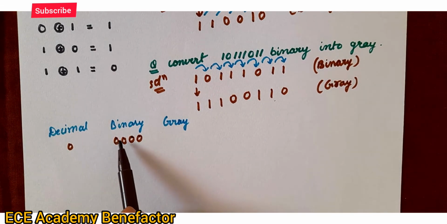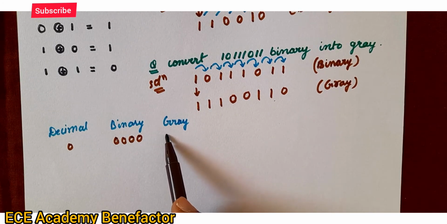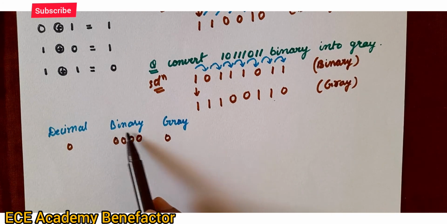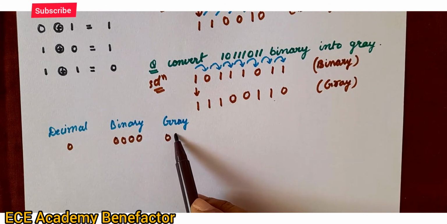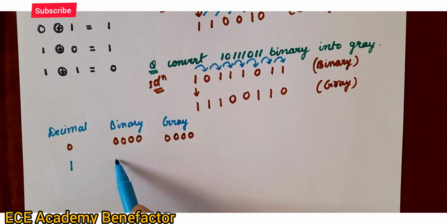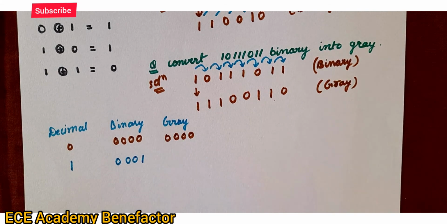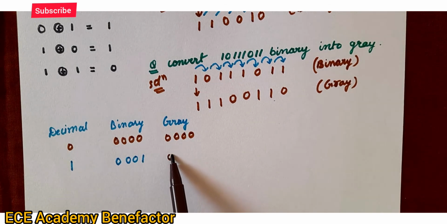Now, convert it into Gray. Binary to Gray means sequential adding. So, write the MSB bit as it is and do sequential adding. So, all are zeros, it will result in 0. Okay. For 1, binary 0 0 0 1. Now, do binary to Gray conversion, MSB bit as it is.